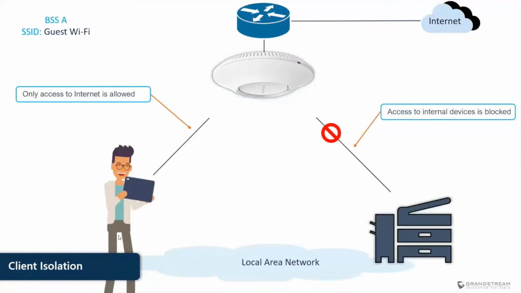So we can enable this feature, client isolation, so that guests can only access the internet and not the other resources or other devices connected on the same local area network.